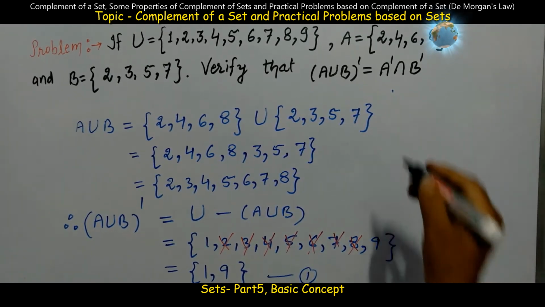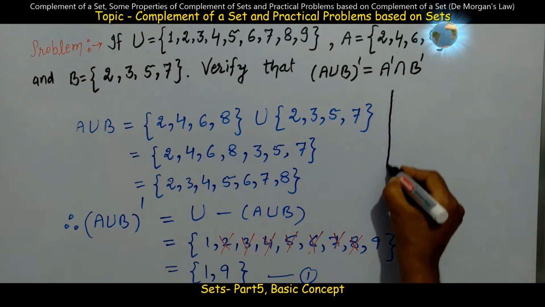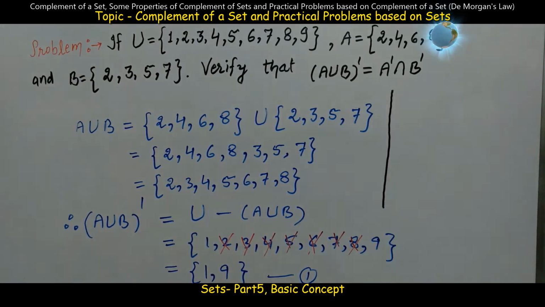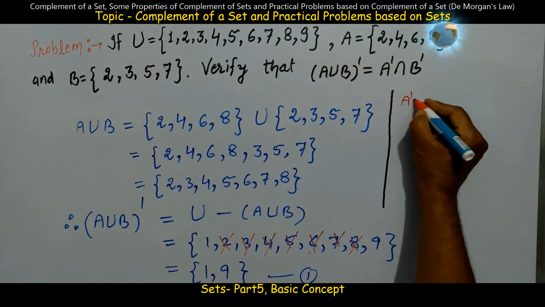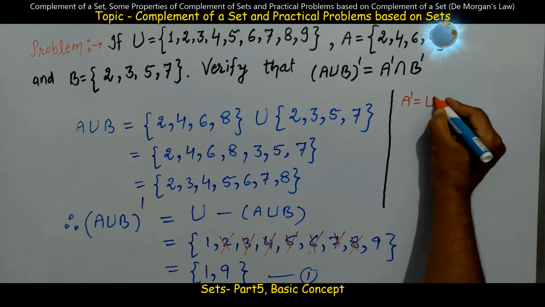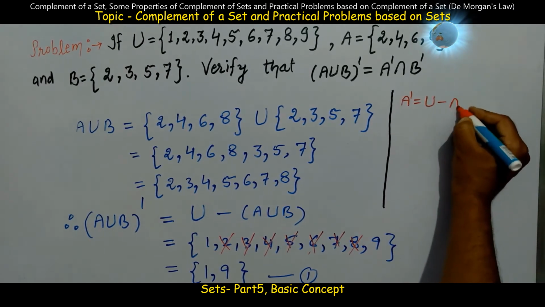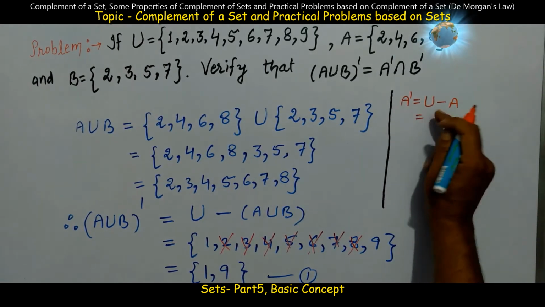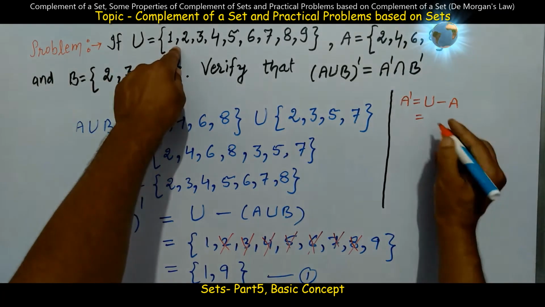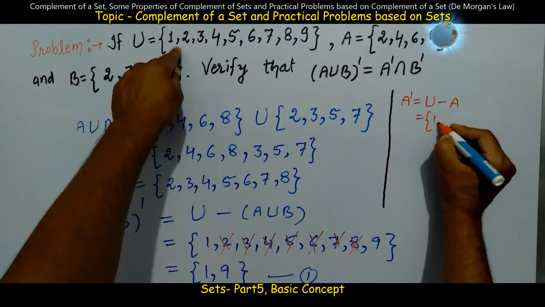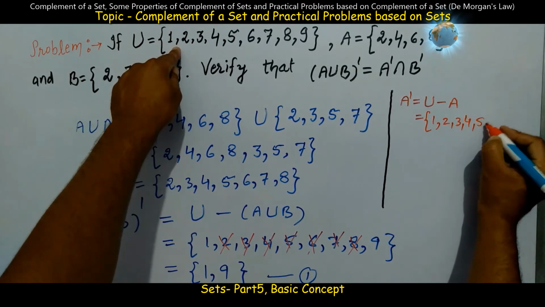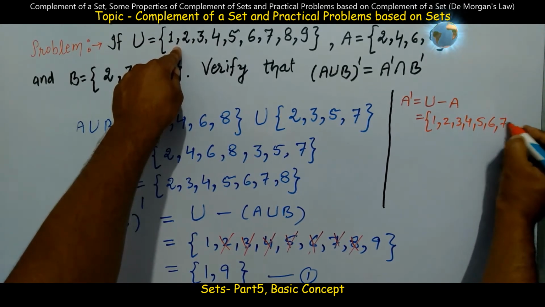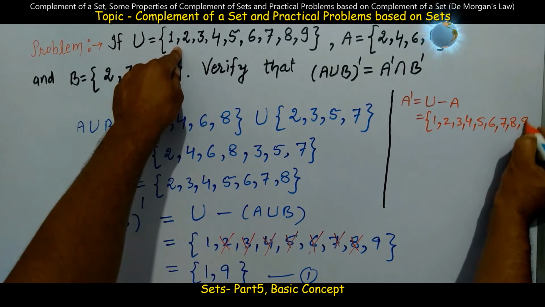Now side by side we are going to discuss the right hand side, A complement. First of all, A complement. What is A complement? This means universal set minus A. That means we write all the elements of the universal set, that is 1 2 3 4 5 6 7 8 9.